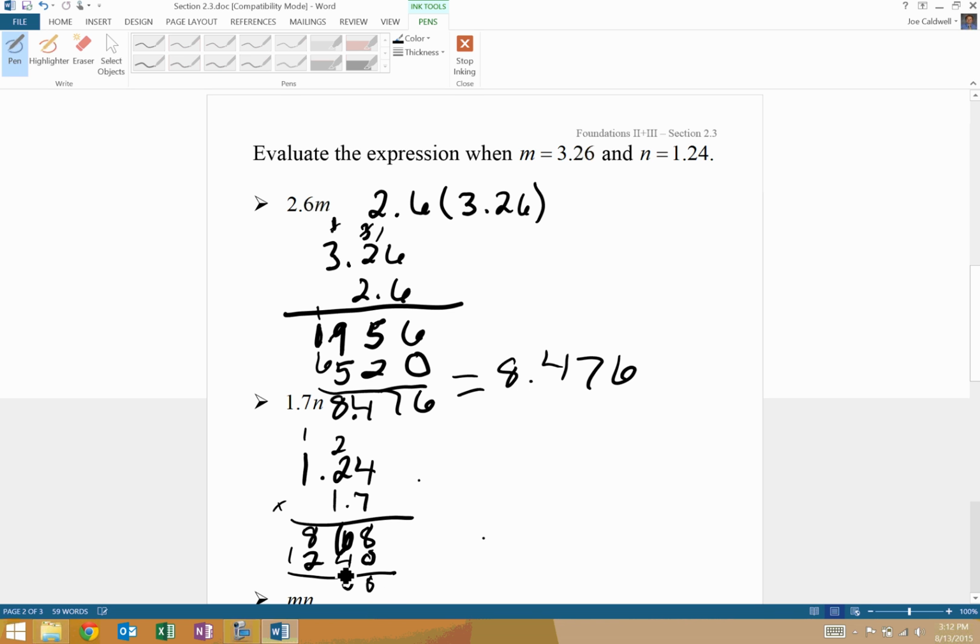8. 10. Carry the 1. 11. Carry the 1. 2. 2, 1. 0, 8. So how many decimals do I have? 1, 2, 3. There's my decimal. Let's clean it up. 2.108.